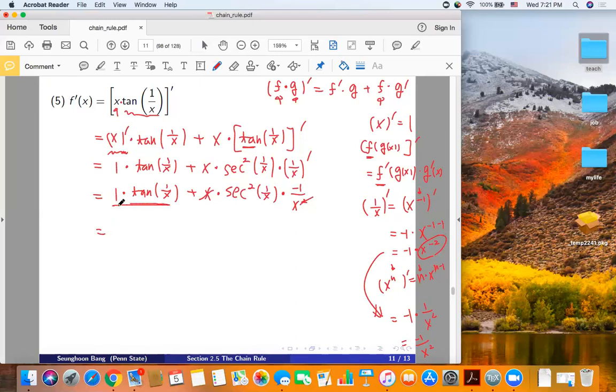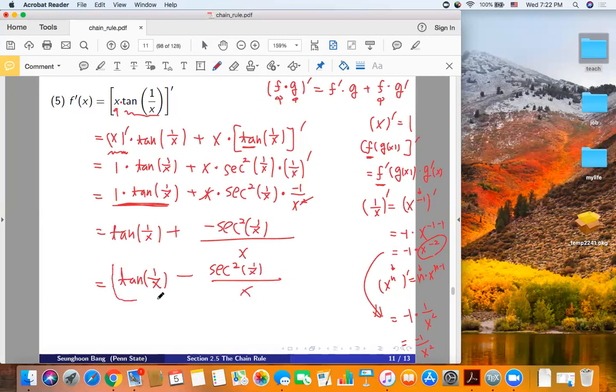So 1 times tangent of 1 over x is just tangent of 1 over x, plus secant squared of 1 over x times minus 1, which is the negative secant squared of 1 over x, over x. So we have tangent of 1 over x minus secant squared of 1 over x over x. That's it. This is your final answer.